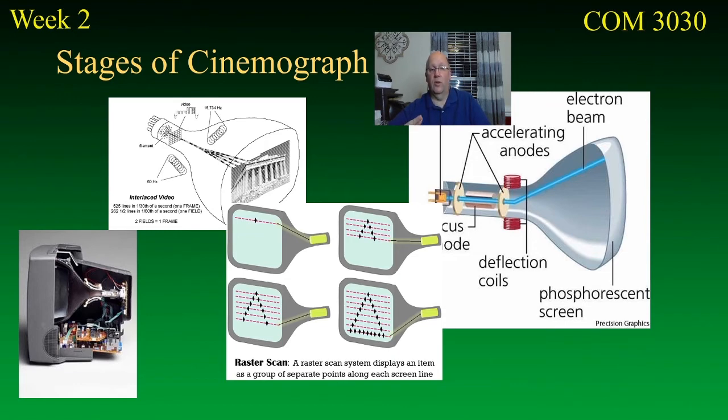So line 1, 3, 5, 7, 9, etc. And then when the electron gun reached the bottom of the frame, it would go back up again and start with 2, 4, 6, 8. And this would happen every 60th of a second. So you would be getting 2 fields or 2 halves of a frame every second. And so that would give you 30 frames a second, but it would be more solid. So that's basically how that worked.